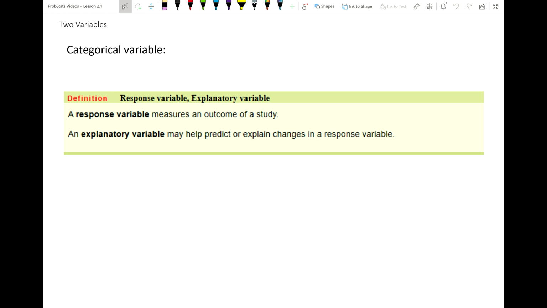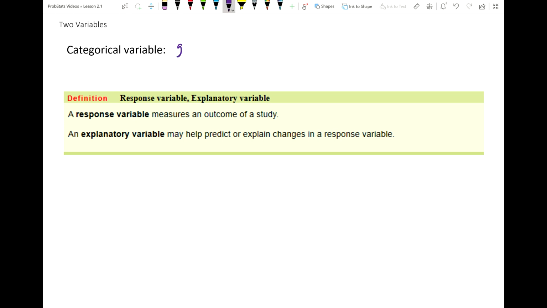All right, so in Chapter 1, we learned how to display the distribution of a single categorical variable, and we used pie charts and bar charts to display those. Remember that a categorical variable displays groups or categories, right?